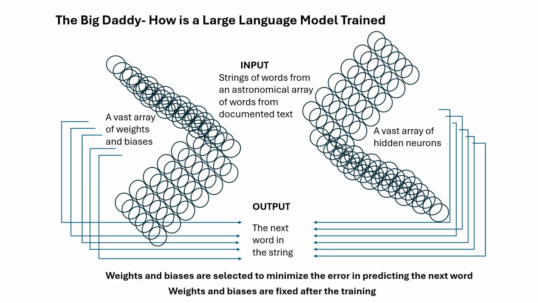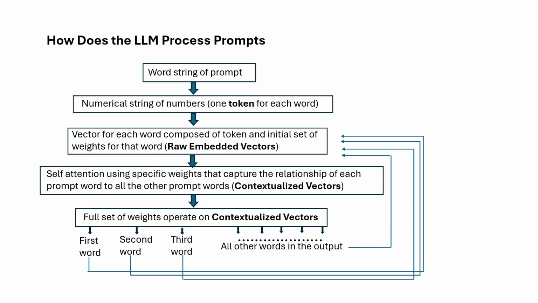We have all these hidden neurons and weights and biases. We apply them and we come up with that next word. The weights and biases are selected to minimize the error in predicting the next word, and then after training, they are fixed. Now, that sounds fairly complicated, and I'm sure it is when you get into the mathematical details of minimizing that error. But let's also look at the prompts that now get addressed with this system.